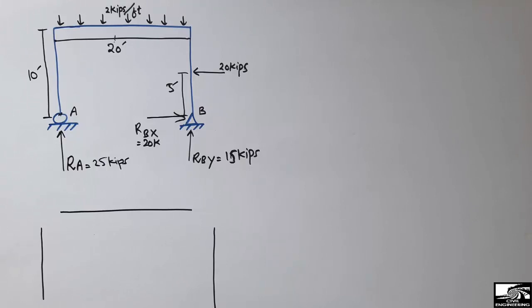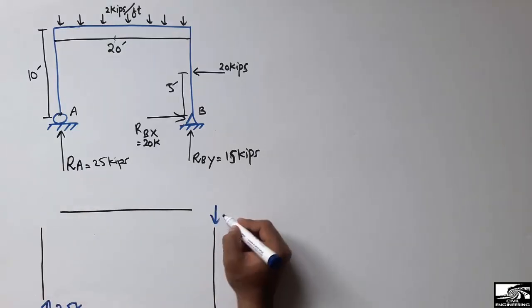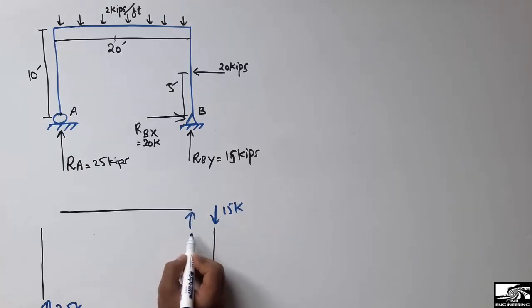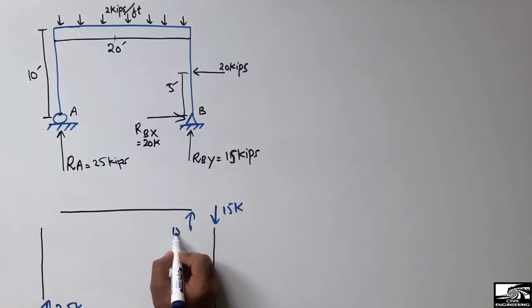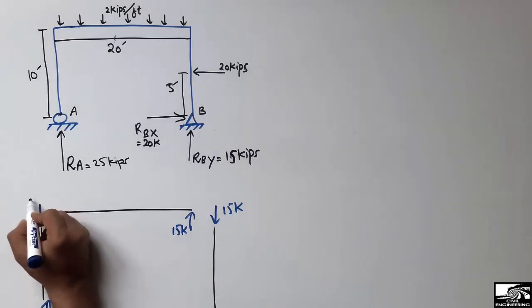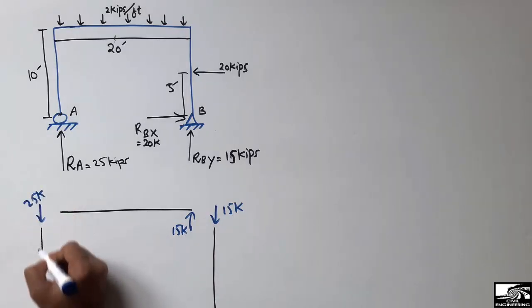The vertical reaction is 15 kips. This will be 25 kips. You can see here 25. So this 15 kips will also be acting here, and for equilibrium this will also act here, 15 kips. 25 kips is acting here, so for equilibrium 25 kips will act in the downward direction.